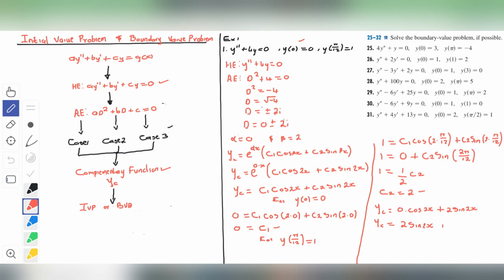This is the final answer. This is how we solved the boundary value problem. The only difference between the boundary value problem and the initial value problem is that in the boundary value problem we don't differentiate, and in the initial value problem we do. So we are done with the boundary value problem.